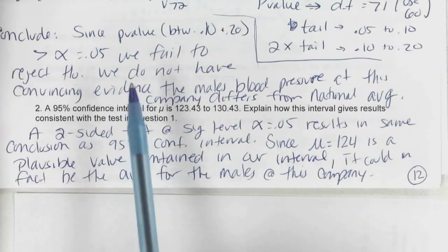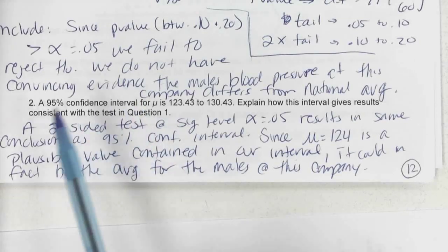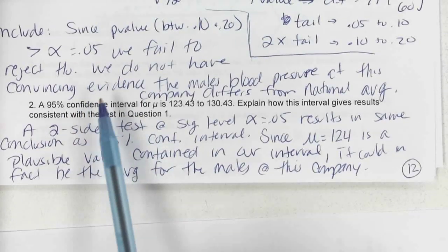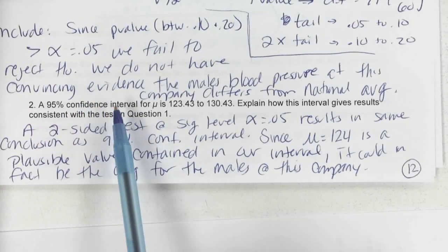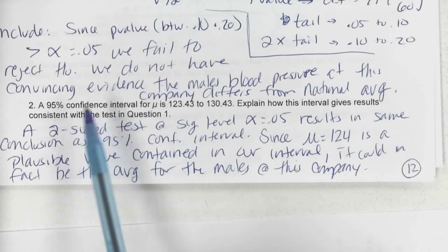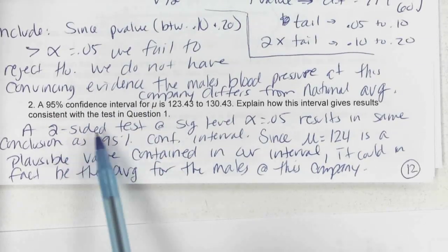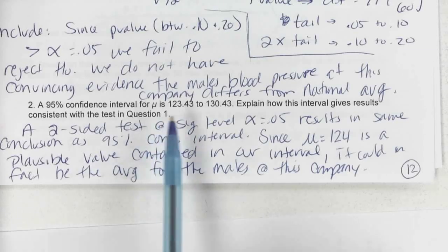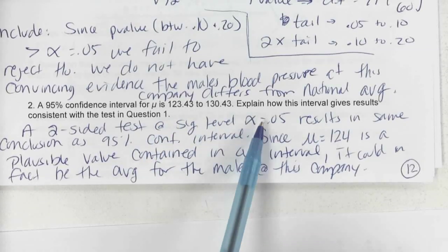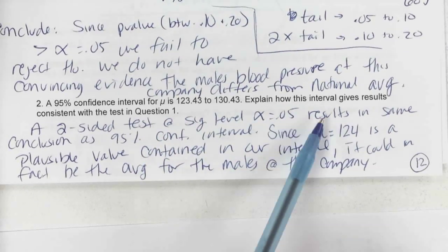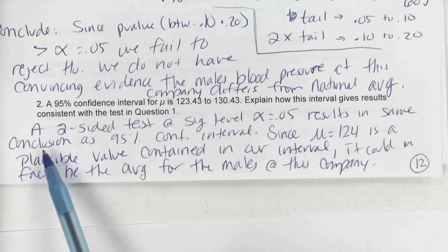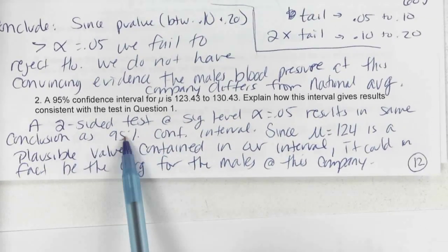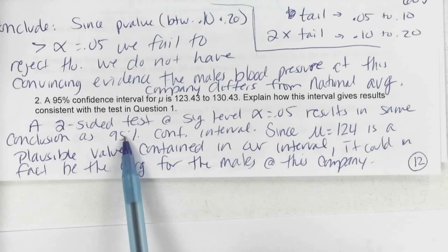Now, the connection to make. The direct connection between confidence intervals and hypothesis tests for the population mean is that if you're dealing with a two-sided test at our significance level of 0.05, the results will be the same as a 95% confidence interval.